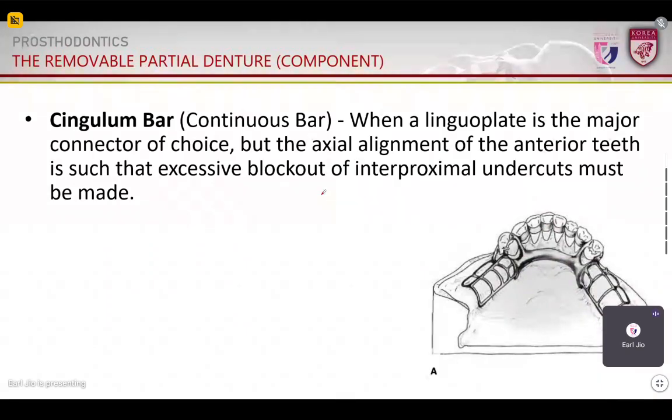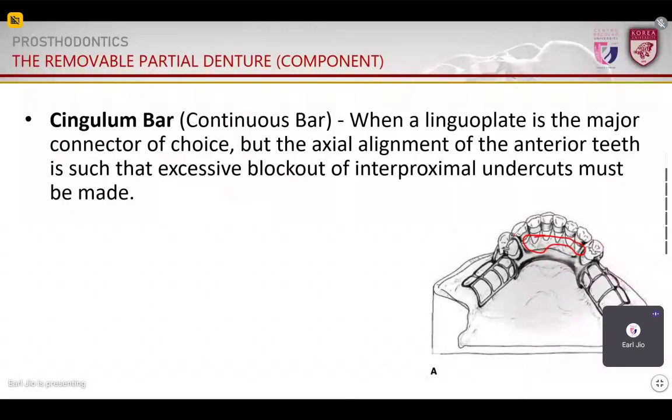Cingulum bar naman, this is also very good. Some will call it a continuous bar or some nowadays call it a Kennedy bar. But a lot of papers call this a Scandinavian design because there's one professor in the Scandinavia area who popularized this design. It is used when a lingual plate is the major connector of choice, but the alignment of the anterior teeth is such that excessive blockout of interproximal undercuts must be made, or there is relief on the gingival margin of the remaining natural teeth.